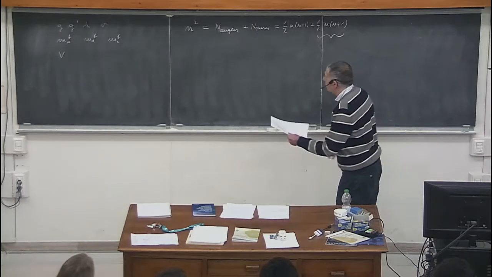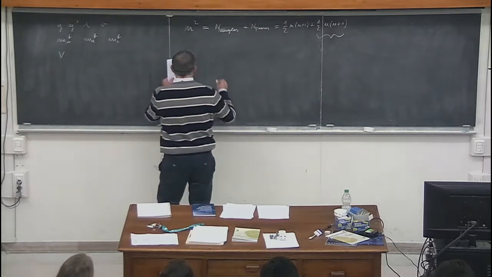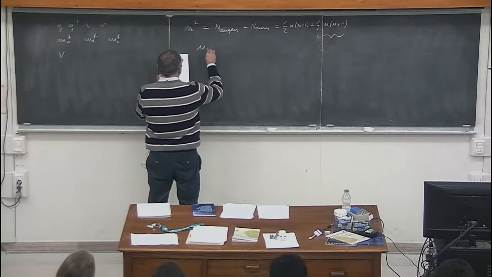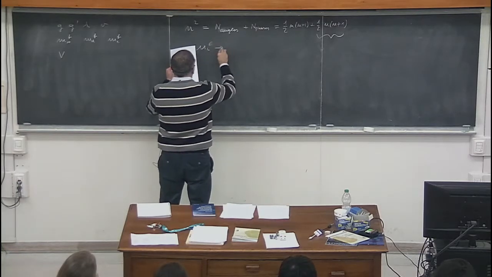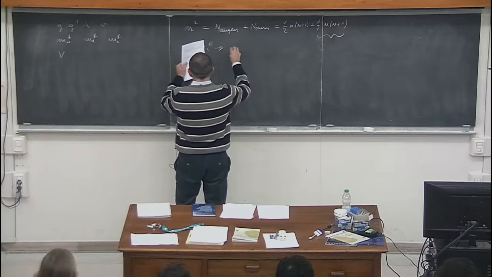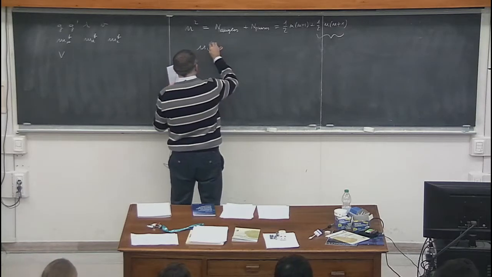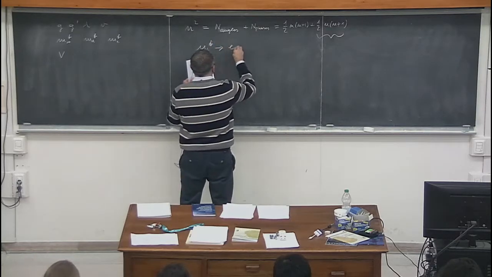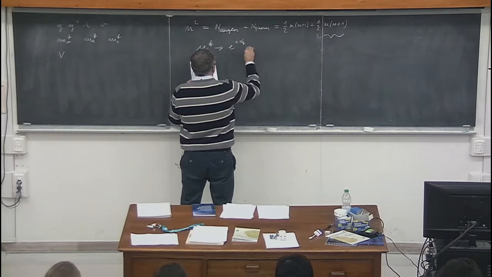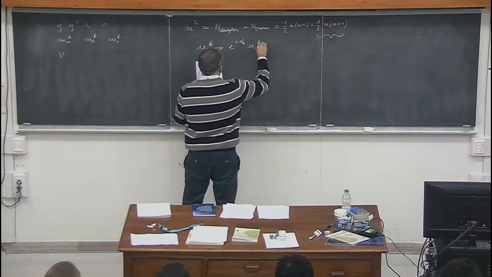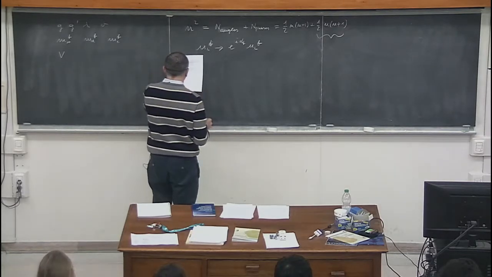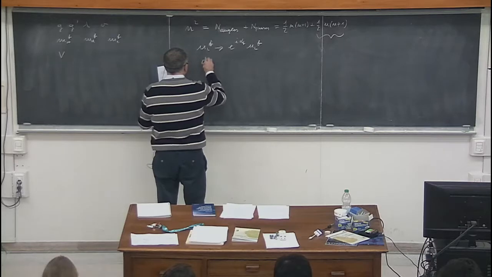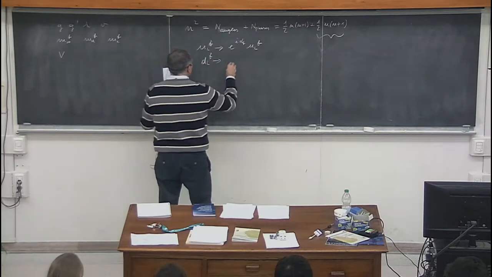I can perform a redefinition of quark fields. I transform U left into e to the i alpha f times U left for each family. This is a U(1) transformation, and the same I can do for the left down quarks.